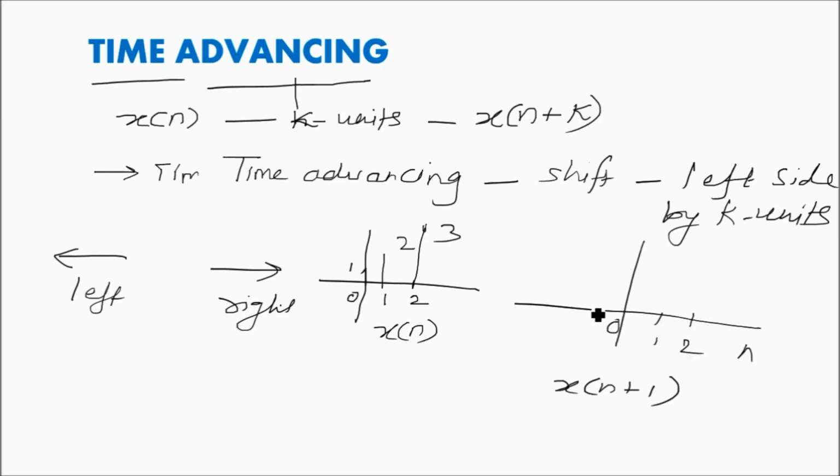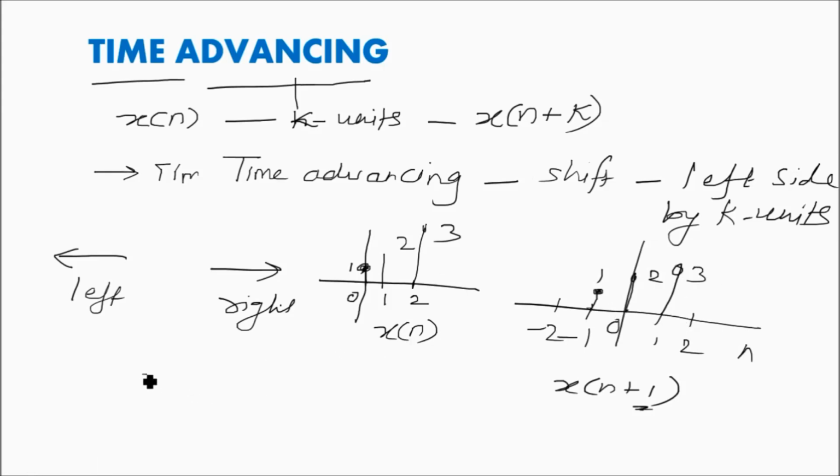Plus 1 means you have to shift by 1 unit to the left. So the value at 1 is shifted to minus 1, the next value at 2 is shifted to 0, and the value at 3 is shifted to 1.